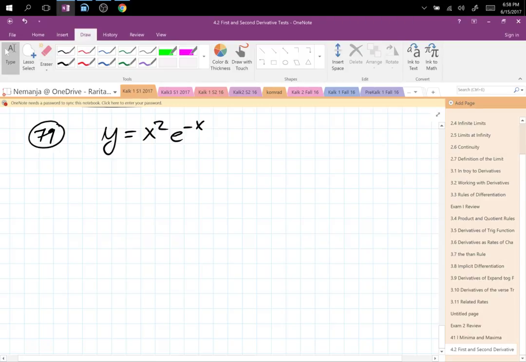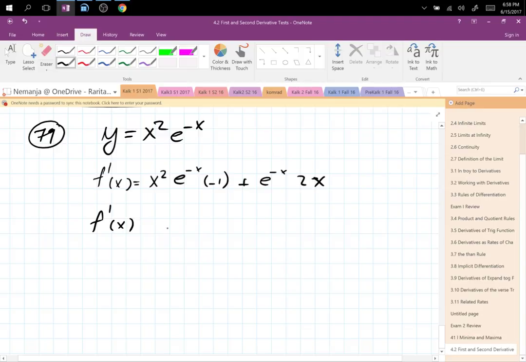So let's see these derivatives. We have the first derivative as a product rule, right? We follow the rules and then we simplify. I will kick e to the negative x out and have negative x squared plus 2x.